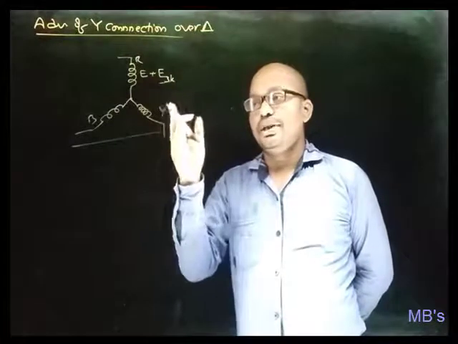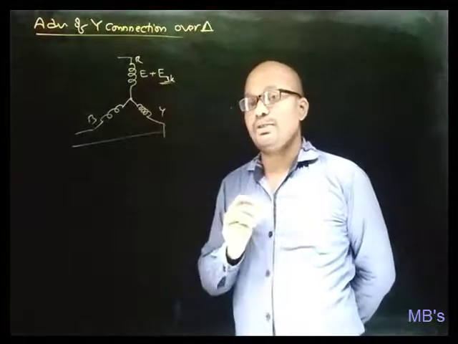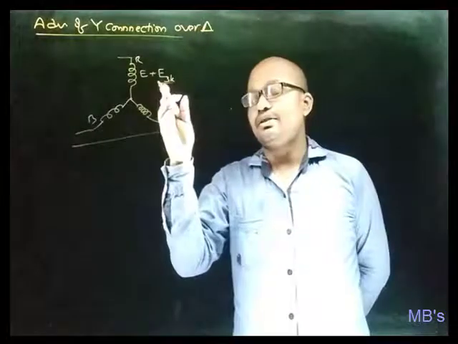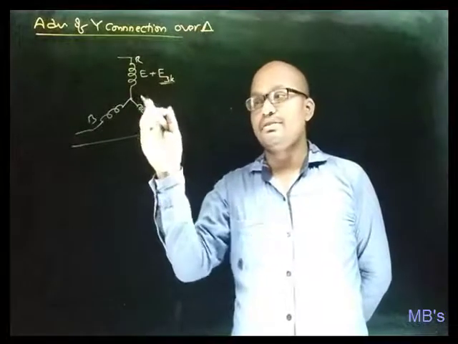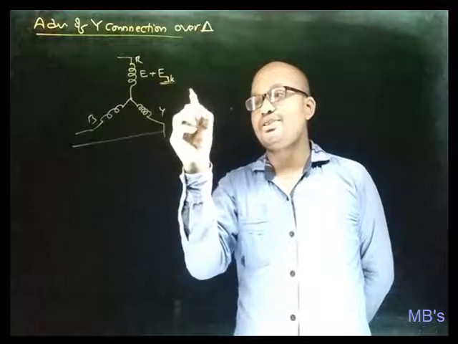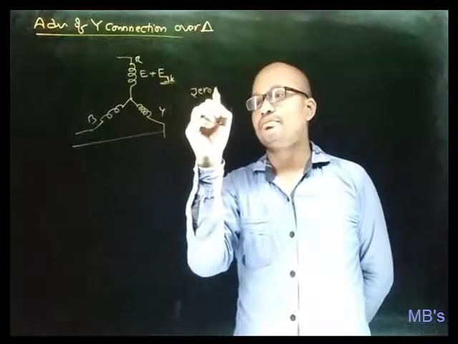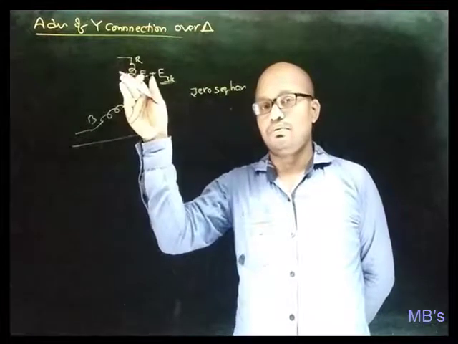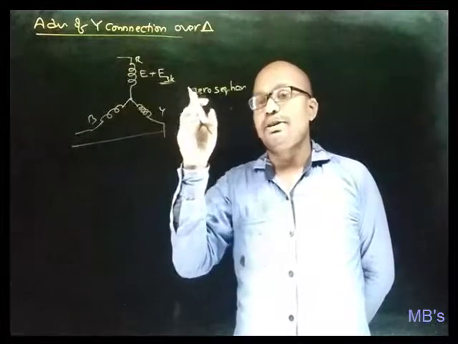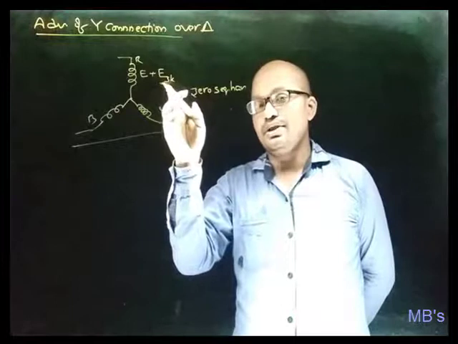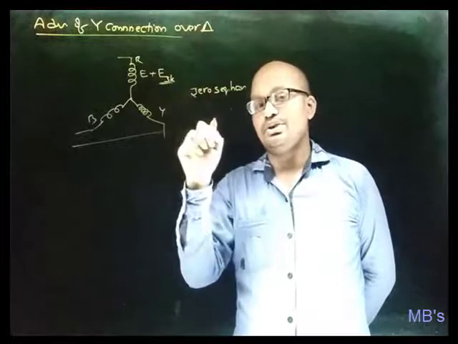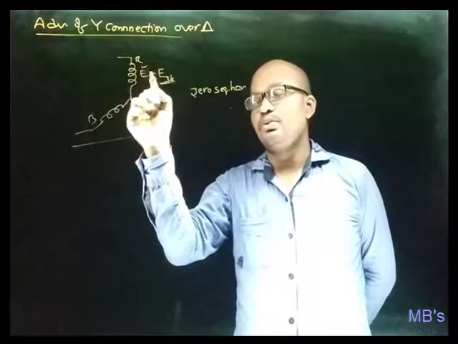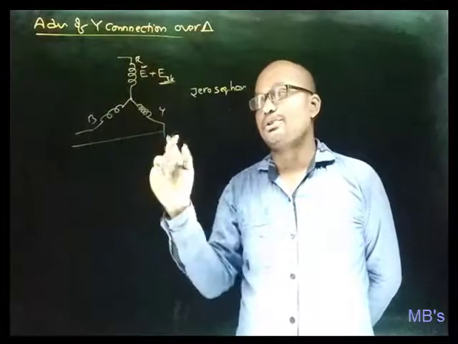In order to make it sinusoidal, we have to reduce or eliminate these triplen harmonic induced EMFs. And why are these present in phases and not in lines? Because triplen harmonics are zero sequence harmonics, they have no path to flow. If we can provide a path to these triplen harmonics, then they can be reduced and our output EMF from the alternator becomes sinusoidal.